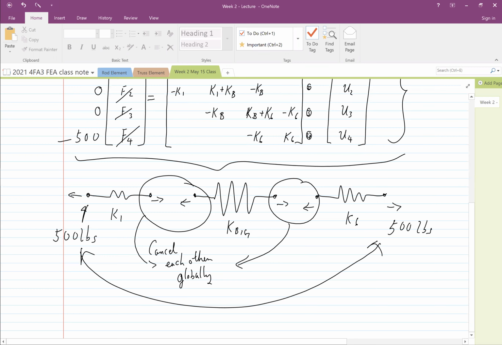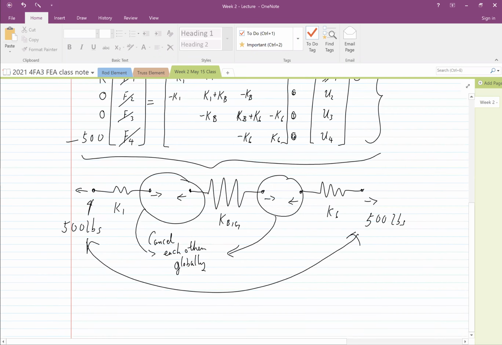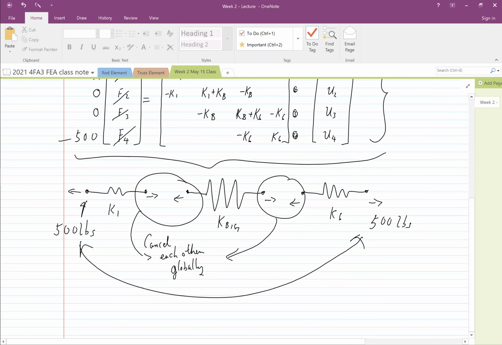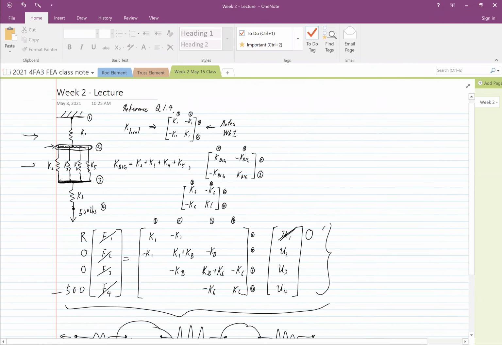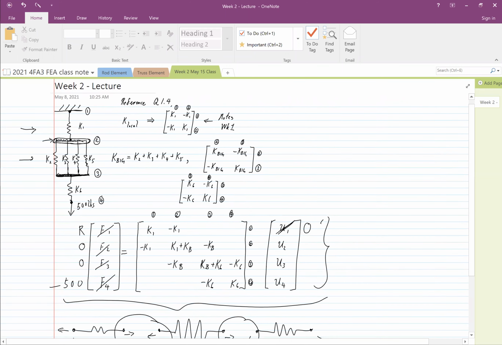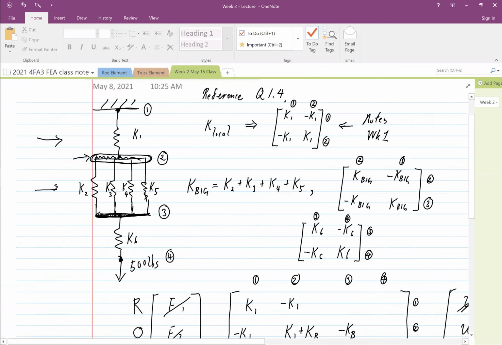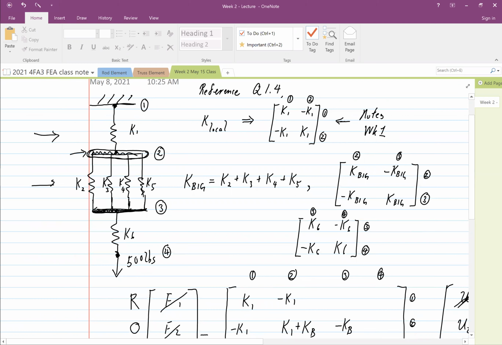Is it really wrong in that case to assume that you know F1 then? Or your reaction force? It is very wrong to assume it so early. This is a problem which is very obvious. It's only one vertical assembly, okay, and the reaction force is so clear.